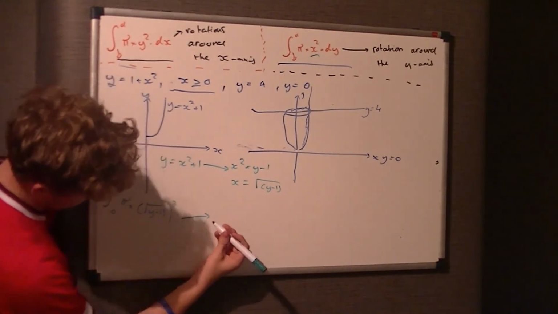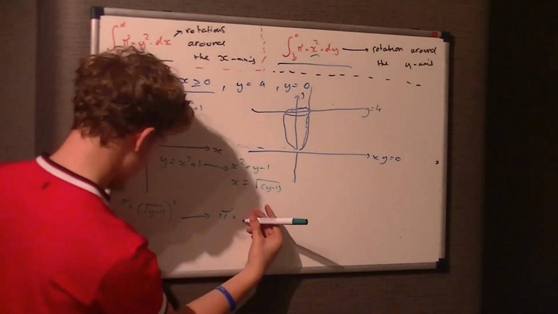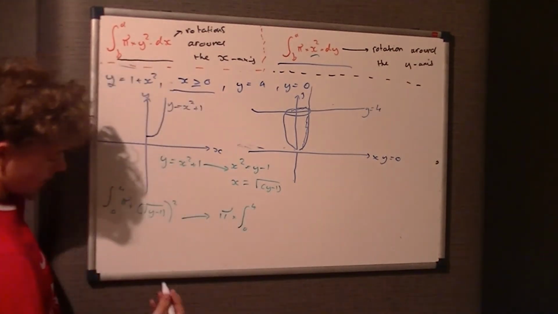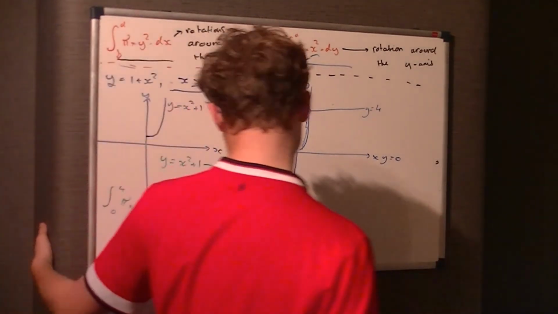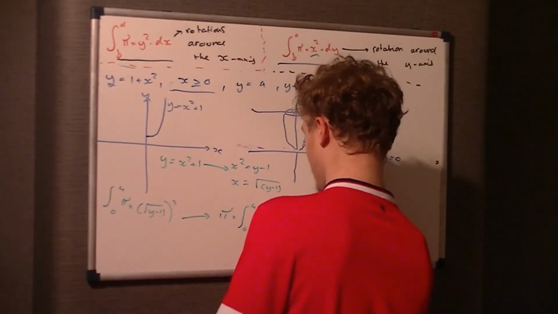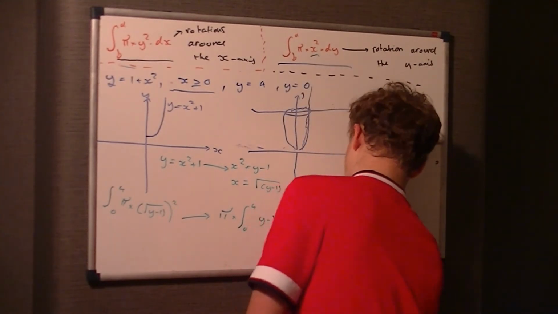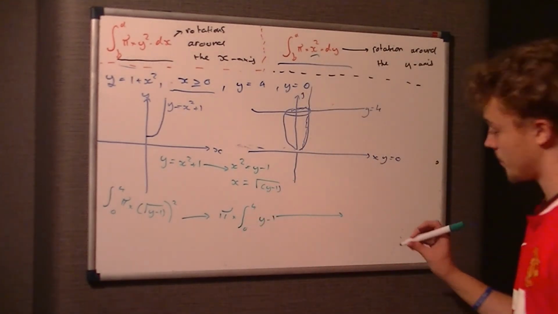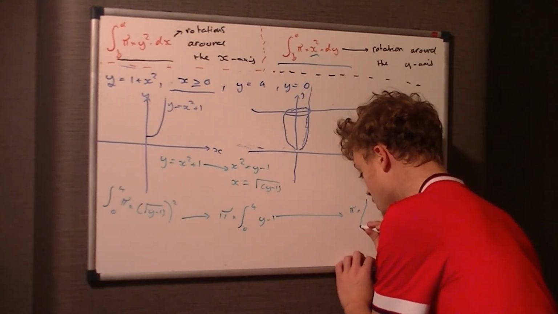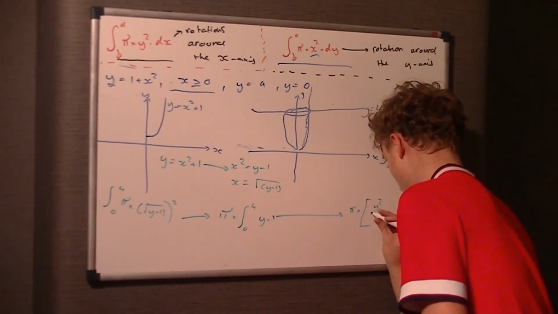If we move the pi out to the front, it's pi times the integral with limits 4 and 0 of the square root of y take 1 squared, which is just y take 1, and then we can integrate that as normal. So it's pi times, the integral of y is y squared over 2.